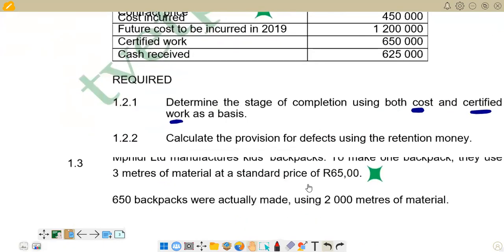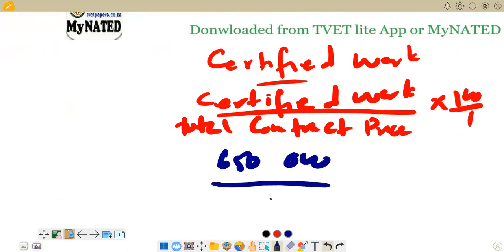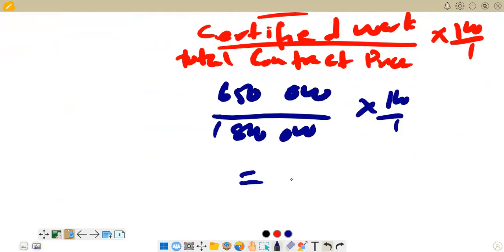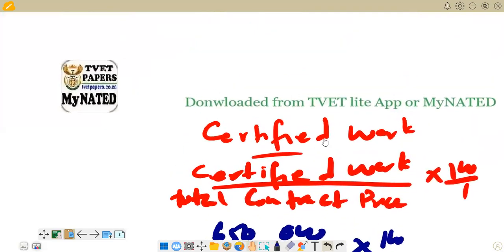So as simple as that, we just substitute there: 650,000 over 1,800,000, obviously times 100 over 1. Let's use our calculators. We get 36.11% to 2 decimal places. So this is the figure that we have on certified work basis.